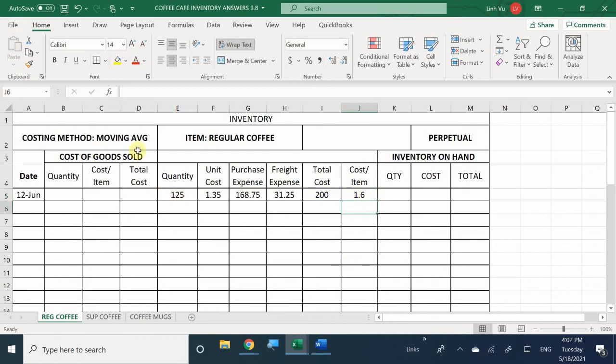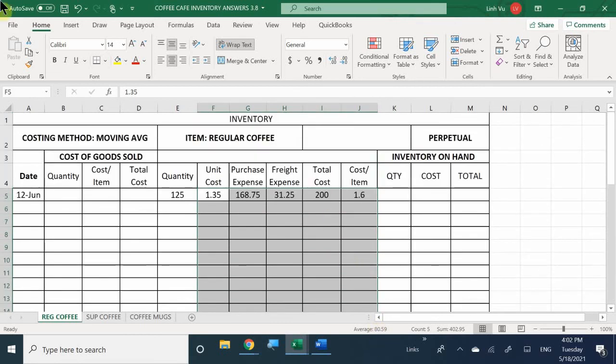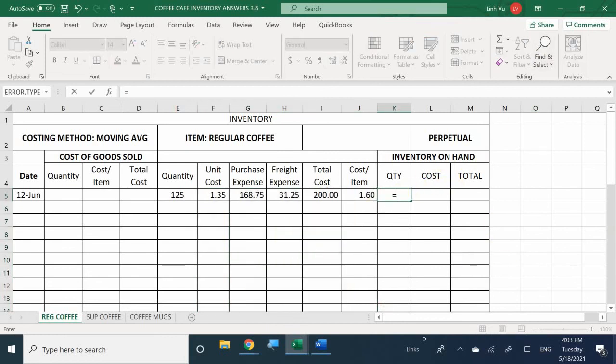So once again, I'm going to format these so they look a little nicer. Because we're dealing with perpetual inventory, I want you to carry it directly over into the inventory on hand.